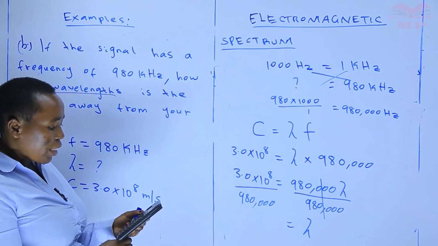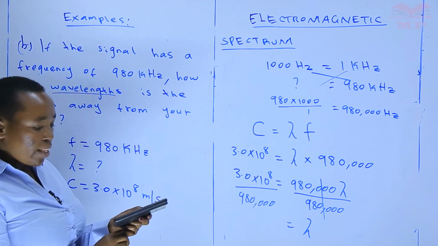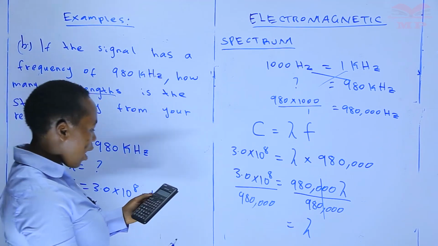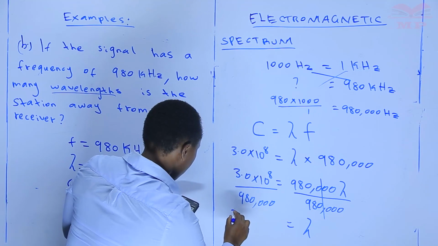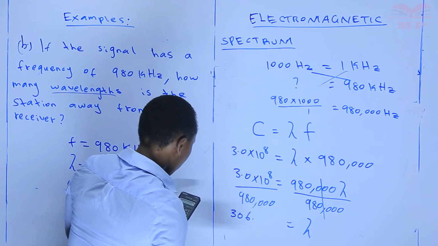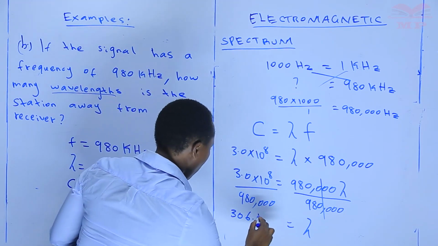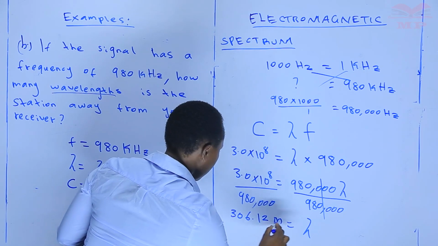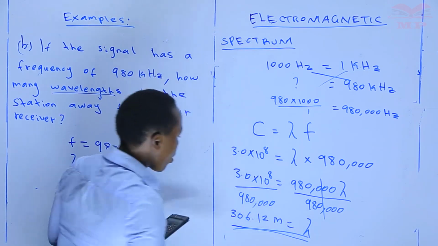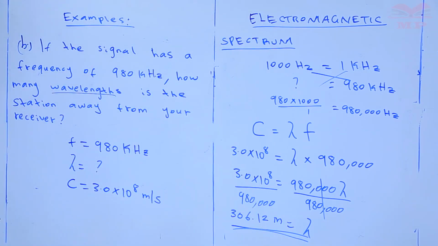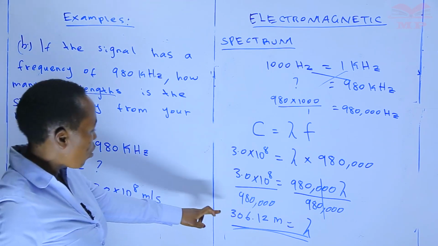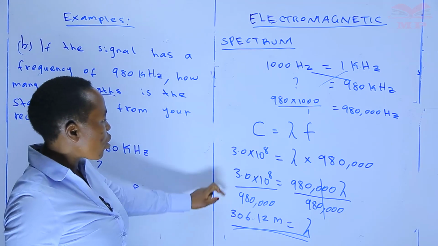So we end up getting the wavelength as 306.12 meters, to 2 decimal places. So that is the wavelength. That's what we are asked in this question.